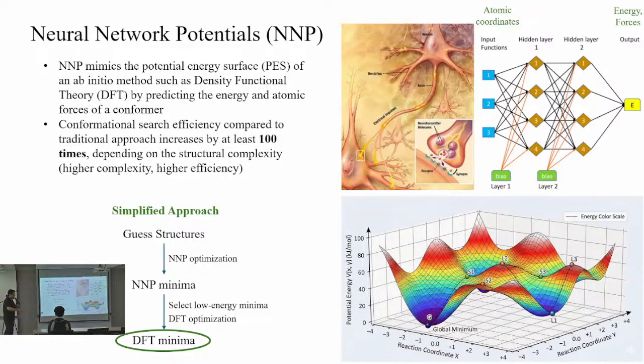But if we increase the complexity of the system, this can go higher. Let's say you have a disaccharide instead of a monosaccharide, then you expect that the efficiency here would go as high as 300 times, not percent.